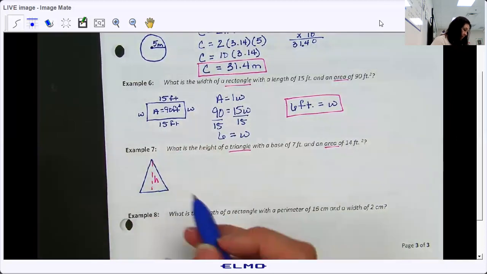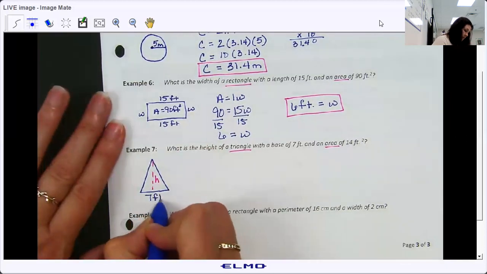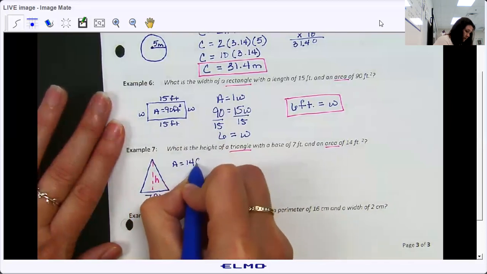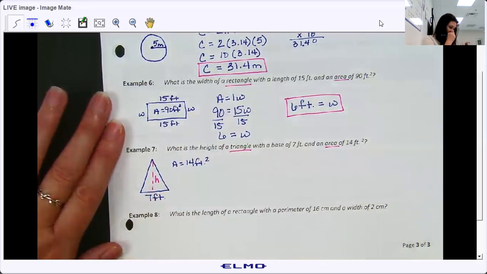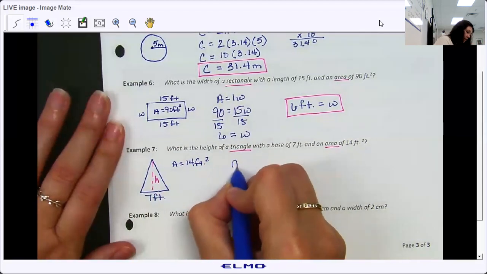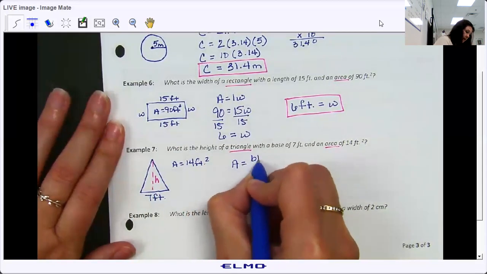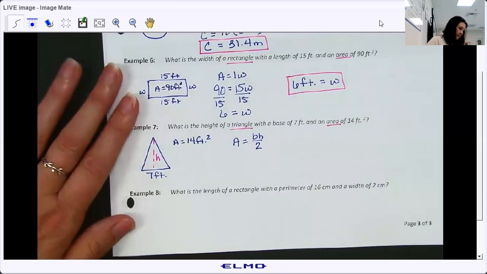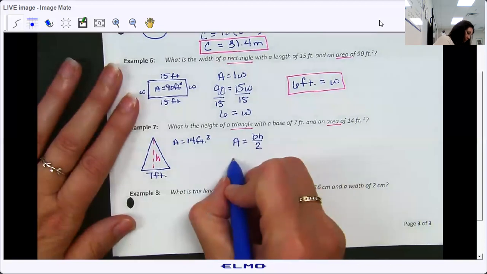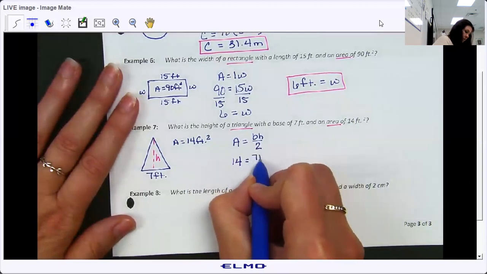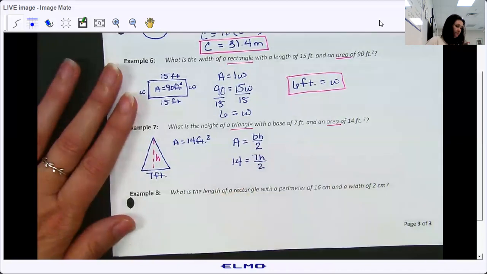And it tells us that the base is 7 feet and that the area is 14 feet squared. So I'm going to write down the formula for the area of a triangle, which is base times height divided by 2. And I'm going to plug in the values I'm given. So the area is 14. The base is 7. We don't know what the height is, and we're going to divide by 2.